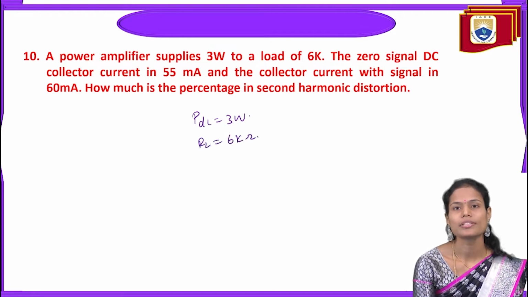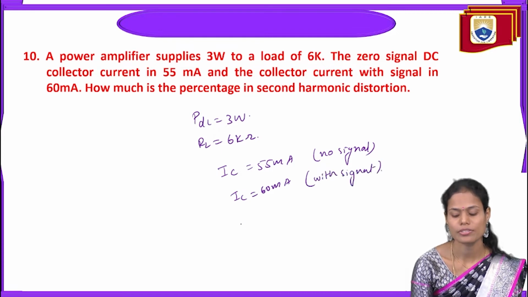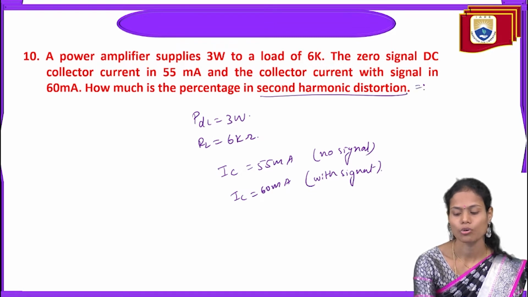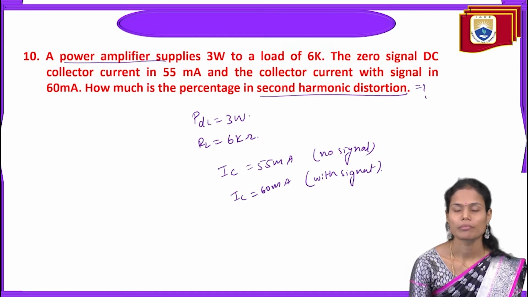The zero signal DC collector current IC is 55 milliamps at no signal, and the current with the signal is IC equal to 60 milliamps. Here we need to find the second harmonic distortion, how much it is. This problem we already discussed in the problems on power amplifier session. See the formulas from there and try to solve this.